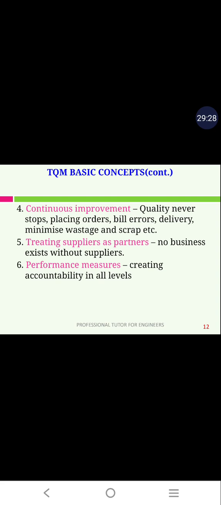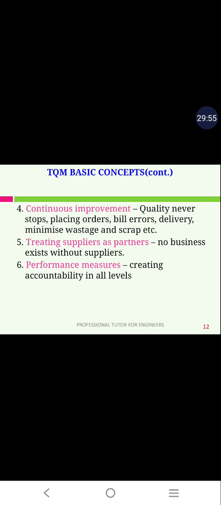This culture has to be implemented, so then only you can continuously improve the product quality. Otherwise we won't be able to identify where the mistake has gone. If each and every operator is accountable for their particular component, obviously the defects can be reduced and the quality of the product can be increased.